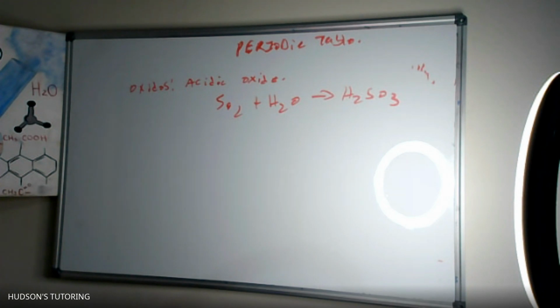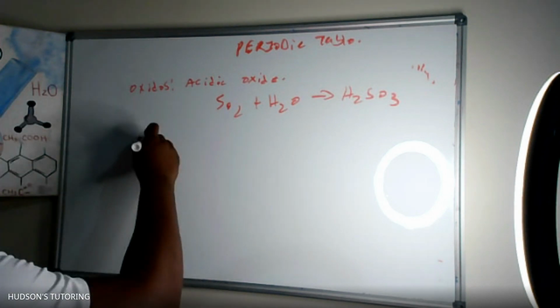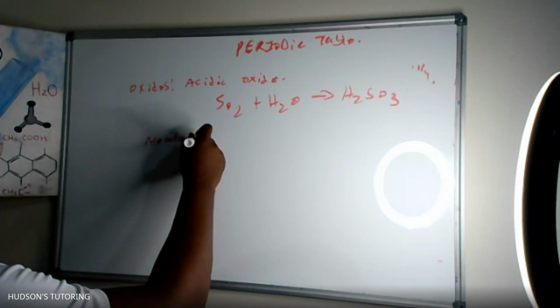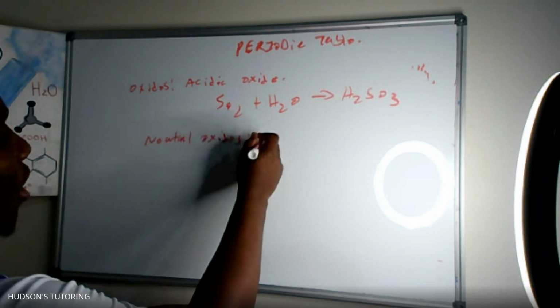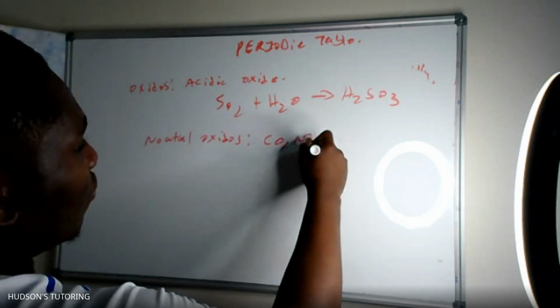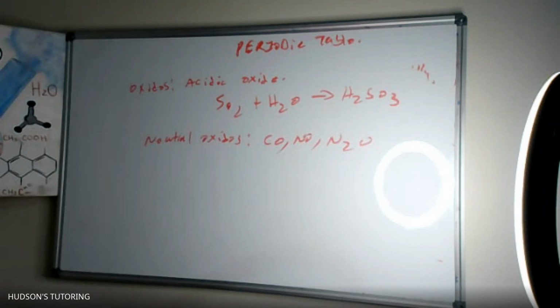Neutral oxides now are oxides that are neither acidic nor basic. So that would be like carbon monoxide, nitrous oxide, and dinitrogen oxide. So neutral oxides would be carbon monoxide, NO and N2O, right? And then we have our basic oxides, which are metal oxides.